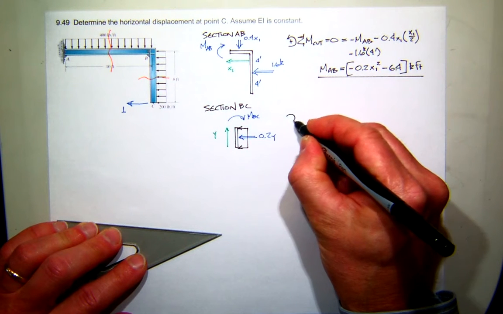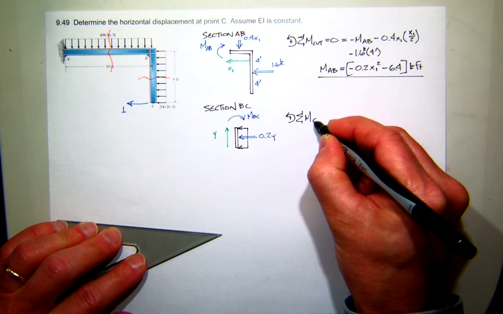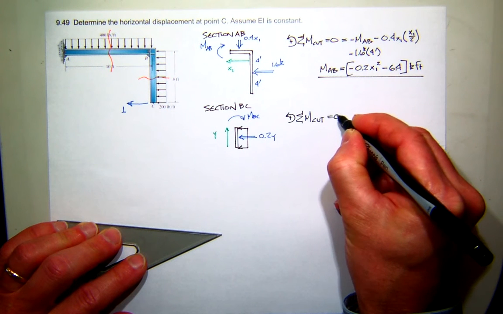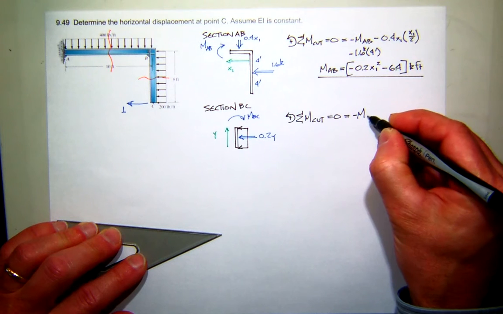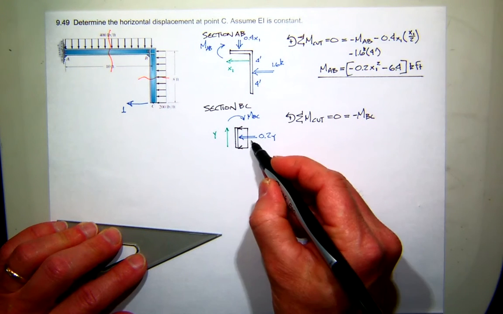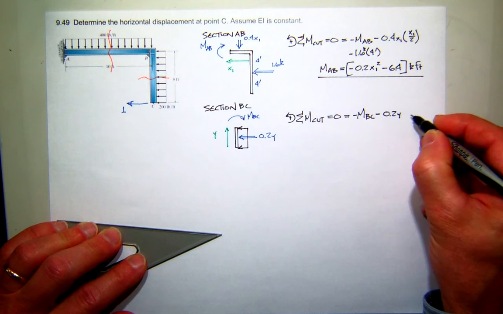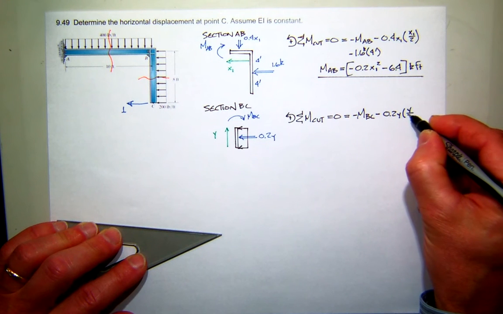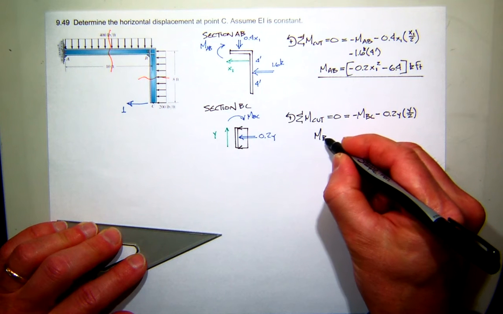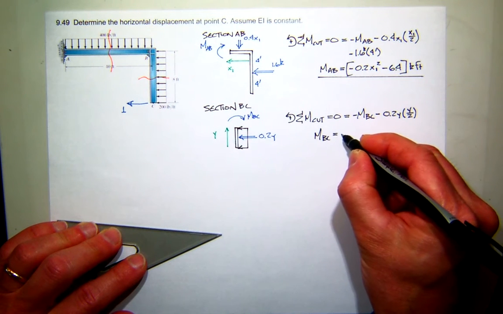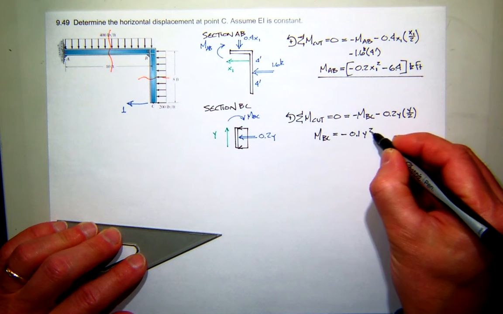So now when I sum moments about the cut and put it in equilibrium, this will be a negative moment, the moment in BC, and this will also be negative. So the force is 0.2y, and the moment arm is y over 2. So it looks like my moment in BC is negative 0.1 y squared.